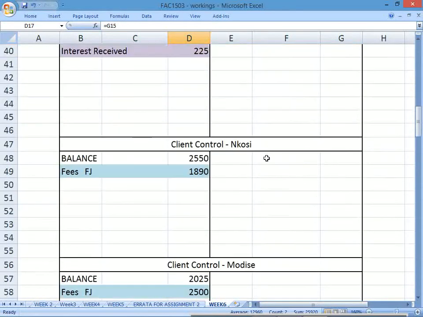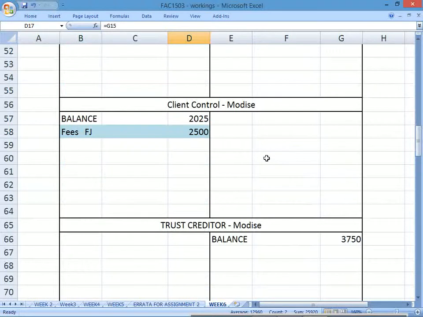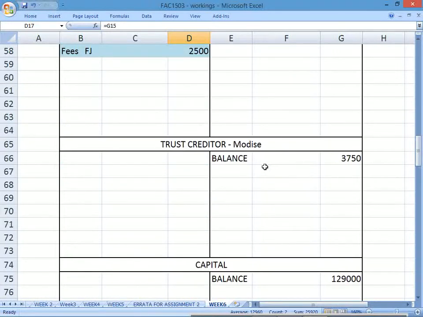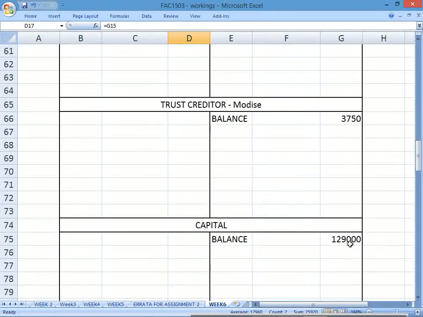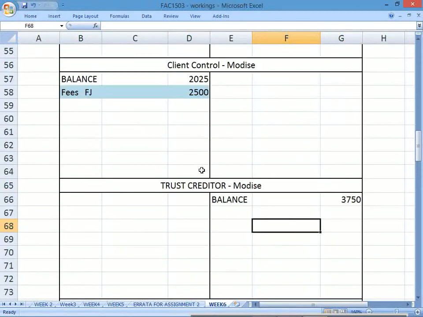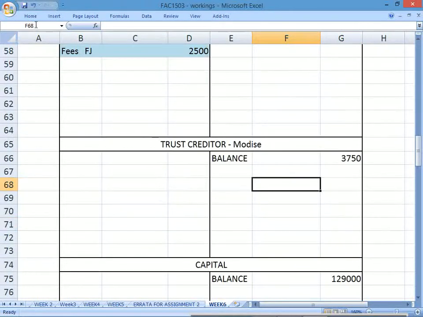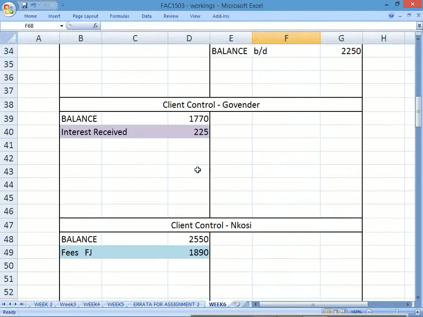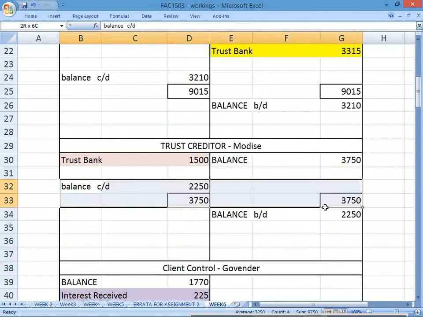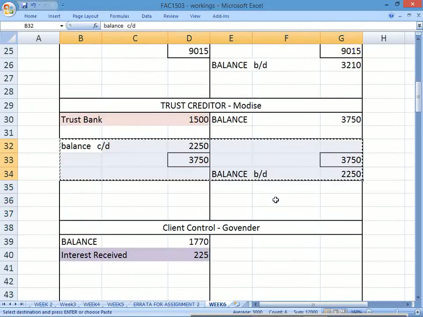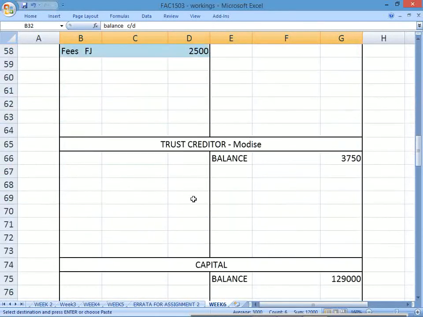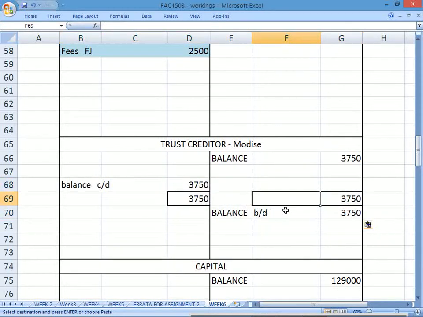Let's carry on. Where's the next client? Trust creditor Modise here. Let's balance it off. Let's get the balancing here. Copy. So this one has a balance of 3,750.